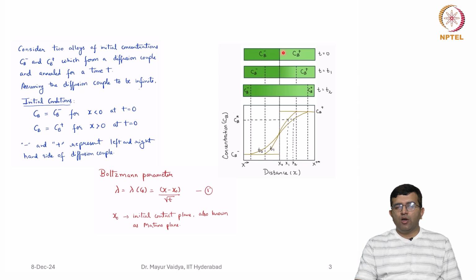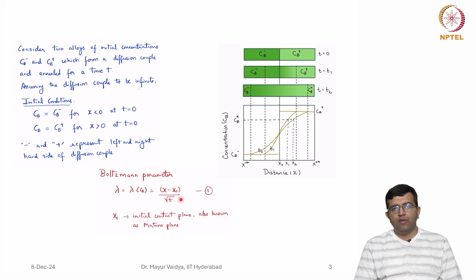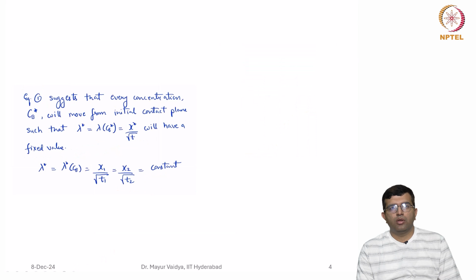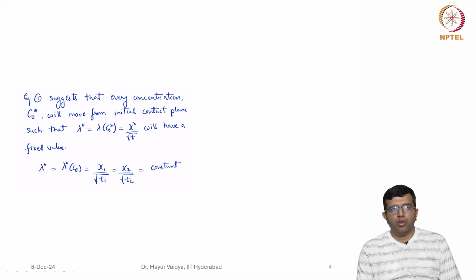Nonetheless, for the mathematical analysis, x naught is the initial contact plane with respect to which this Boltzmann parameter is defined. So lambda is equal to x minus x naught by root t, where x is the distance measured from the Matano plane.